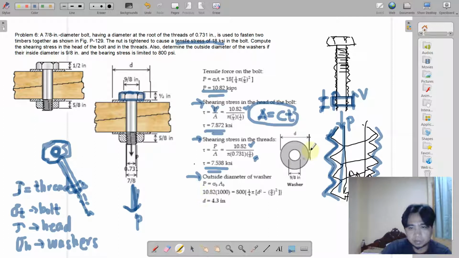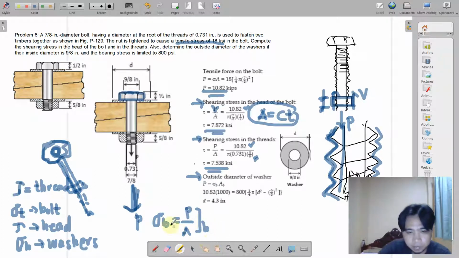The washer is involved in the contact between the washer and the head itself. So we'll just apply here the bearing stress formula, P over A, for bearing.